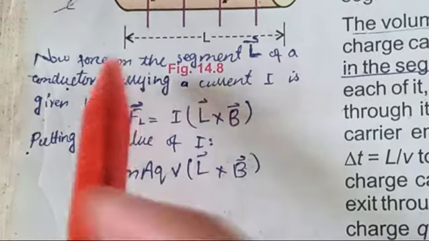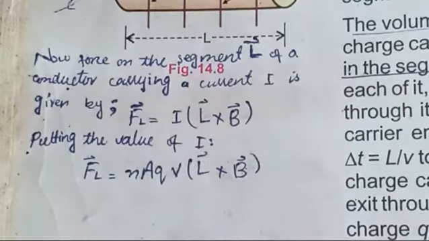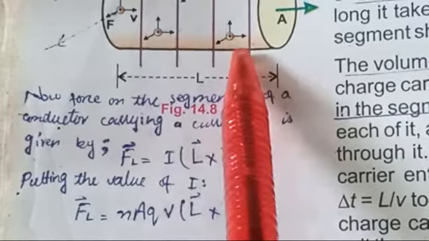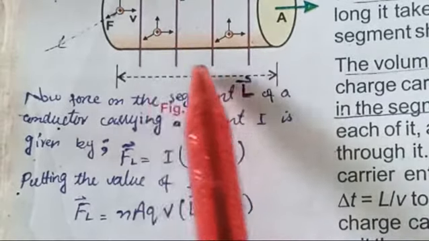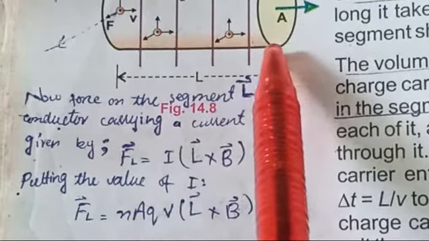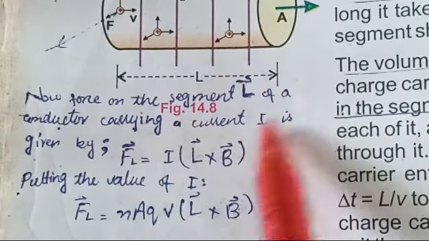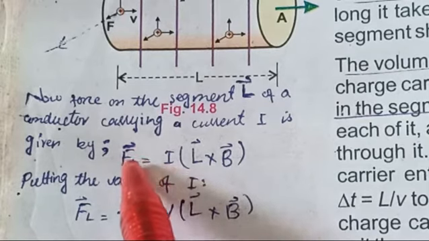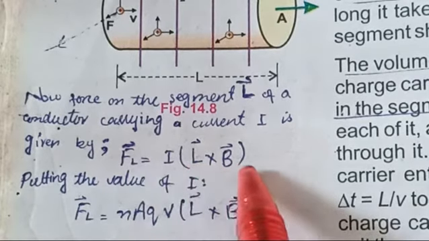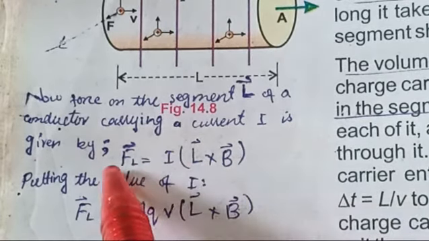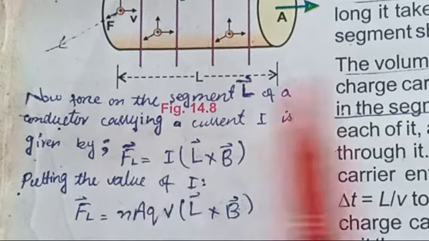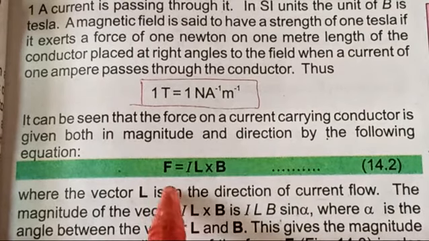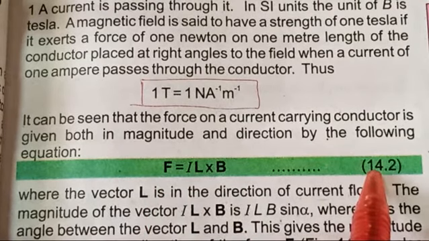Now the force on the segment L. This is a segment, a piece of wire, any portion of the wire. So the force on the segment L of a conductor having current I is given as I L cross B, where L means length, any length of any wire. We have learned this formula in topic 14.2, equation 14.2.